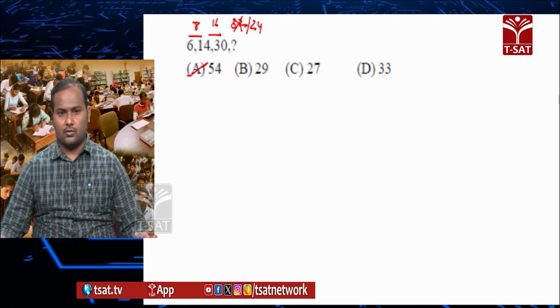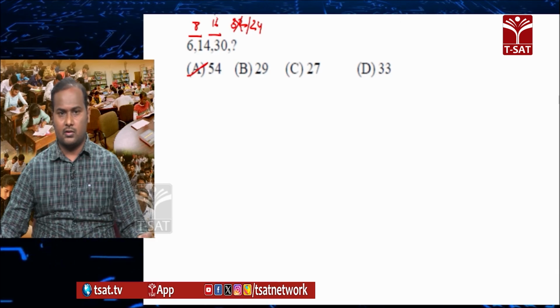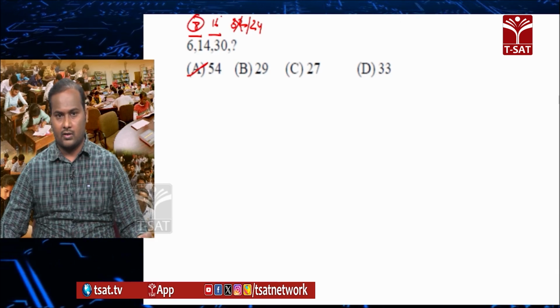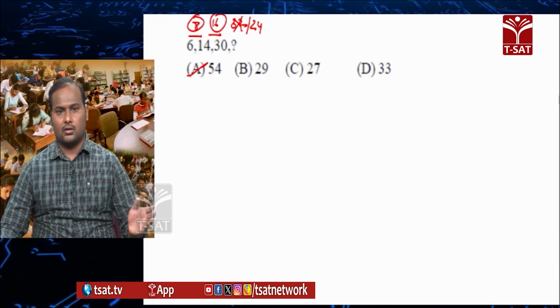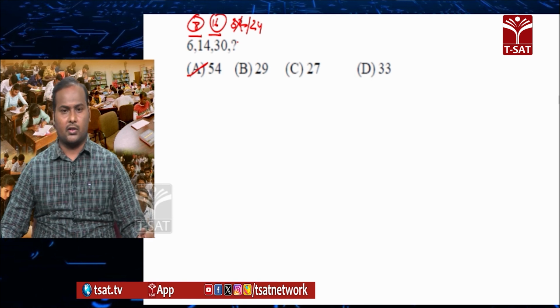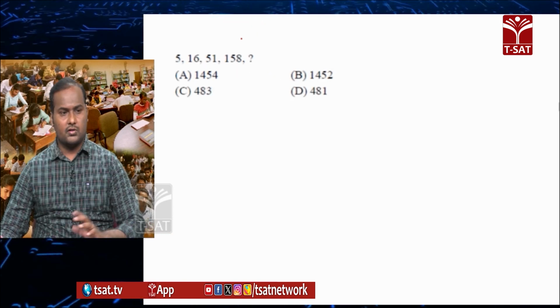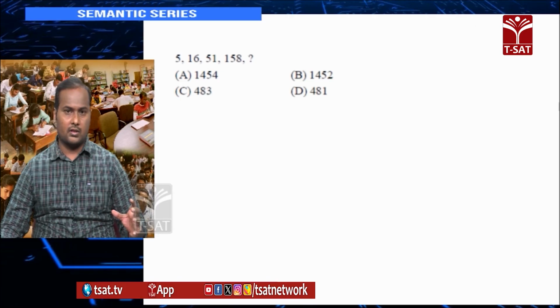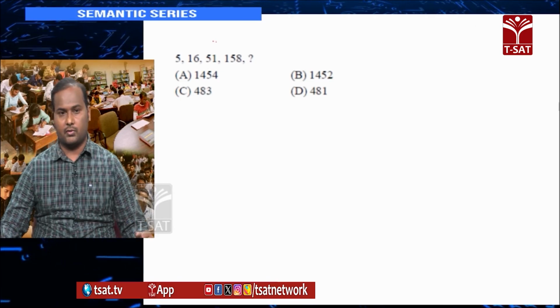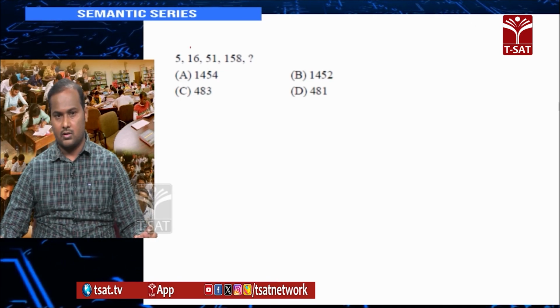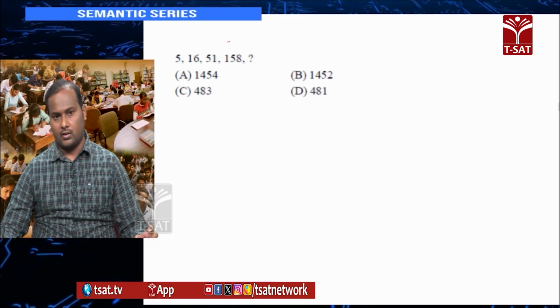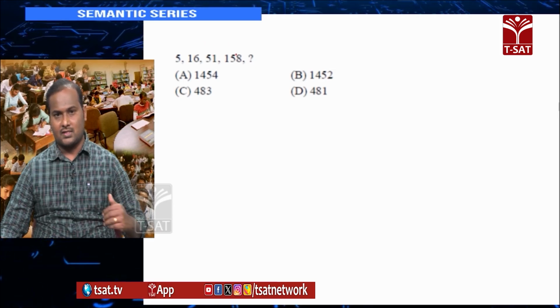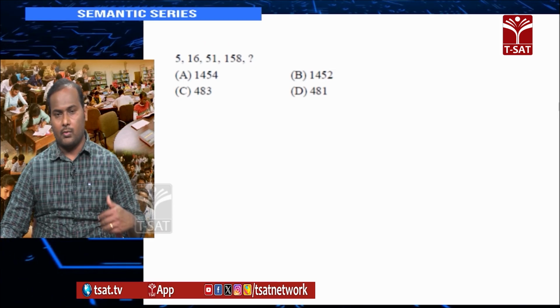See, you may ask one more question, can I take it through difference? So here we took the difference here, 8, 16, either the double one, that is 32 or 24. If you see this particular pattern, the moment you see this pattern, obviously the first thing that will click in your mind is a multiplication, because here see the pattern 5, 16, 51, 158. So it is jumping. So how many times it is jumping?